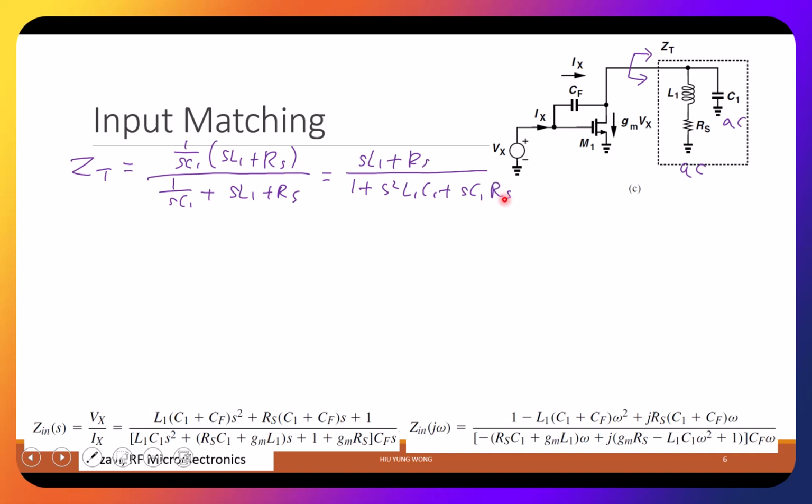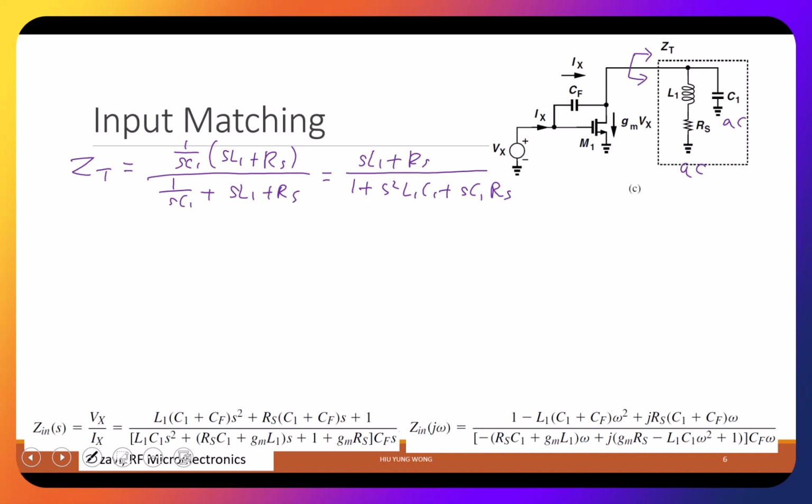So please practice. I know some of you are not very familiar with this, so please go home to practice. Just multiply by SC1, this is gone. Multiply SC1 here, this is 1. And then multiply SC1, I have SC1 RS. Multiply SC1, I have S square L1C1. Done. I'm not going to write it further.